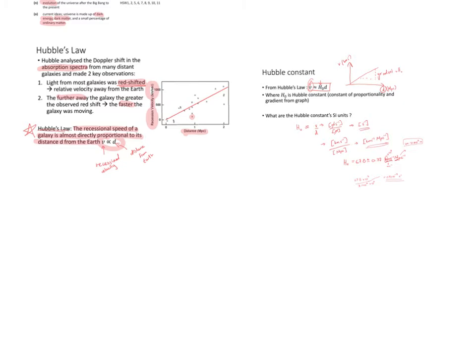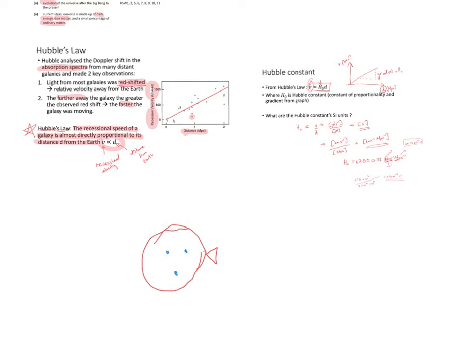A good way to visualize this is to think about a balloon. If you get a balloon, before you blow it up, draw a few dots on it, if you have any balloons at home.